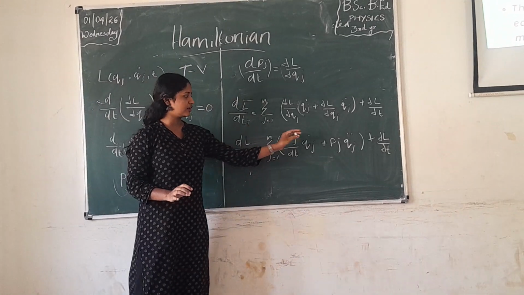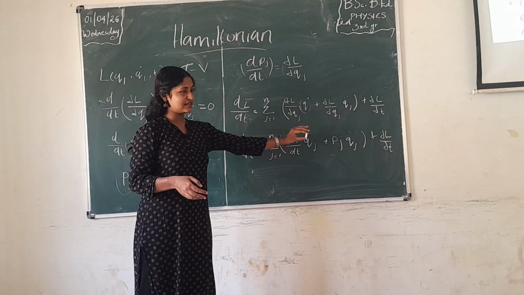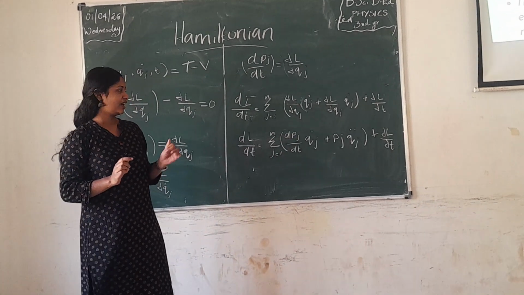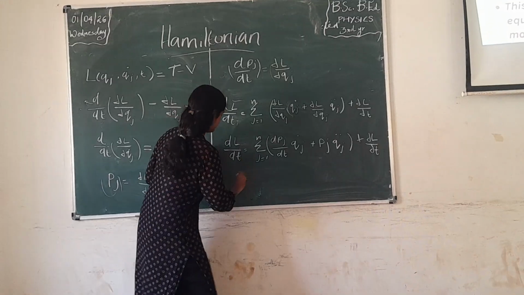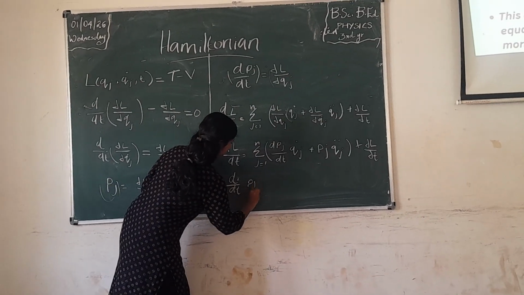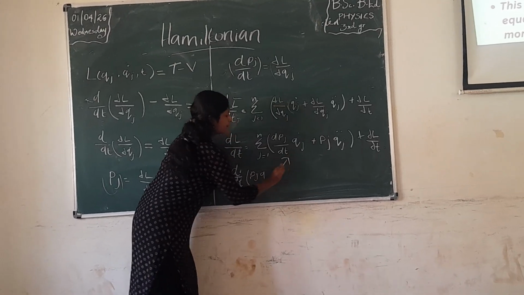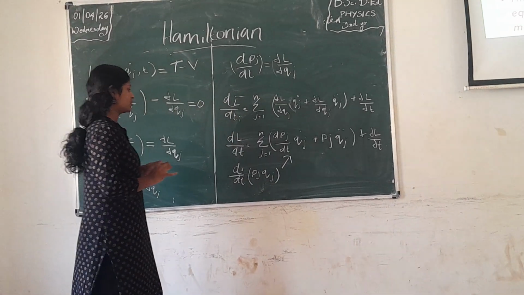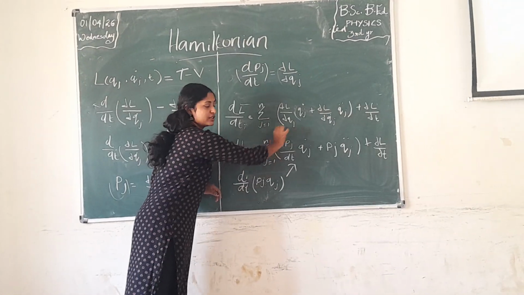See the terms inside the bracket. Is there any specialty for the term inside the bracket? It is the derivative of a product: d by dt of Pj qj dot. So we can rewrite the whole term as d by dt of Pj qj dot.